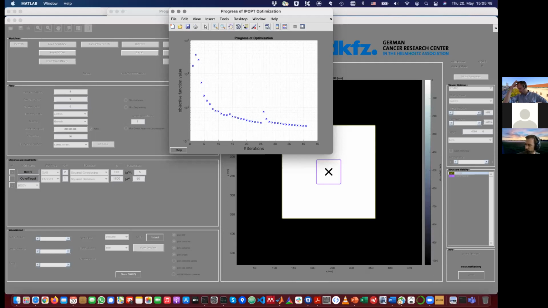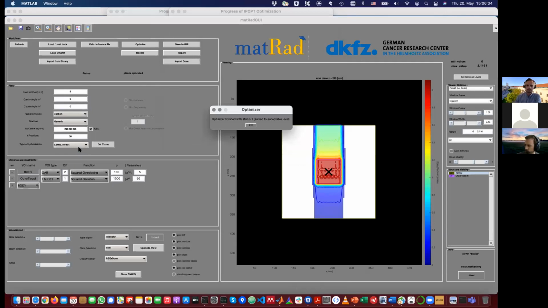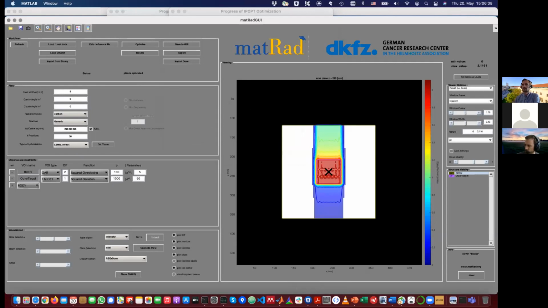What's now important to know in this example is that the default tissue we use for treatment planning has an alpha beta ratio of 2 from the photon world. So alpha x is 0.1 and beta x is 0.05, which gives you an alpha beta ratio in the photon world of 2.